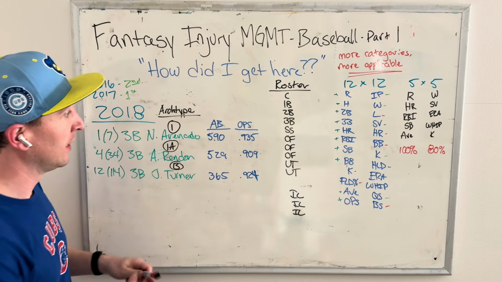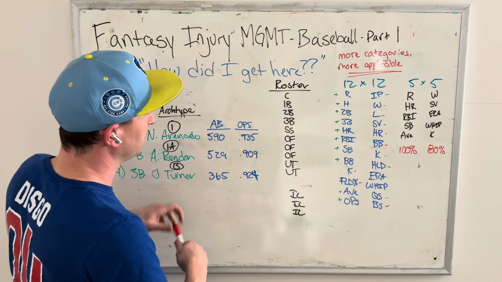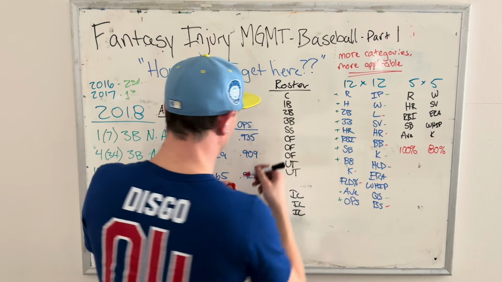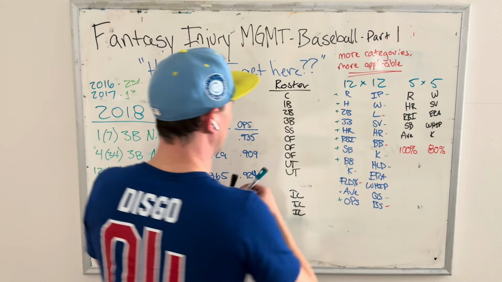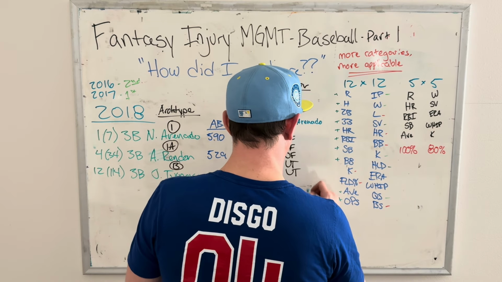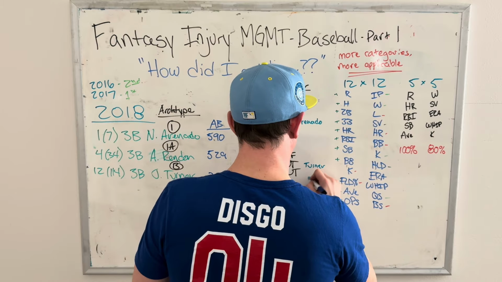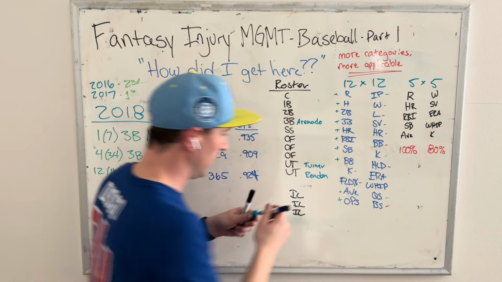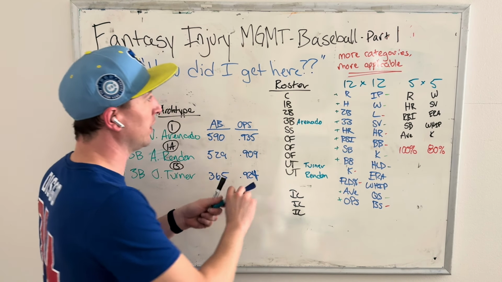But instead, if I lose Arenado, I can just pull Rendon out of util, and now to fill that position, I can do it from free agency, which expands your player pool massively.